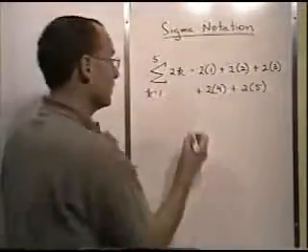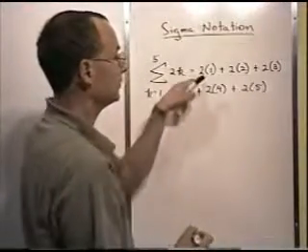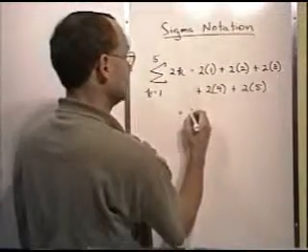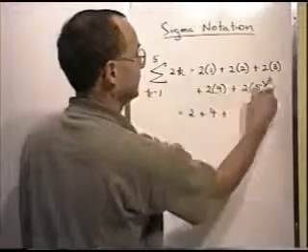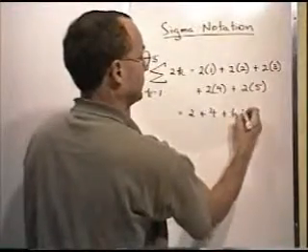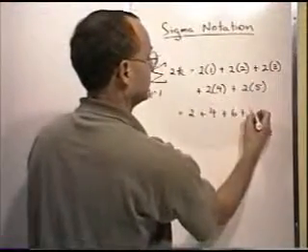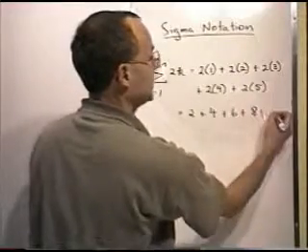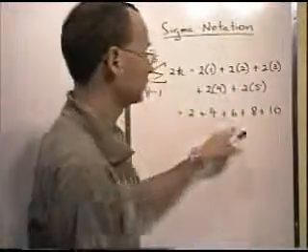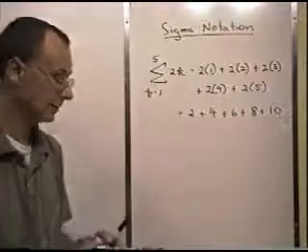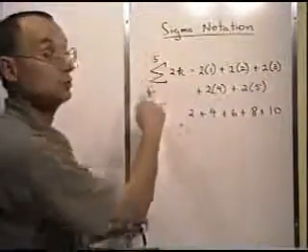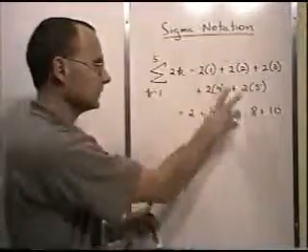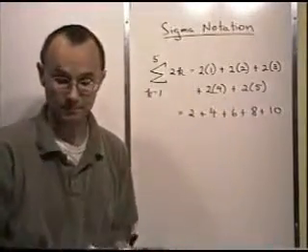So what I now have is a series that looks like this. 2 plus 4 plus 6 plus 8 plus 10. So instead of having written out this series with all of these terms, adding them together, this compact way using sigma tells us exactly the same thing.